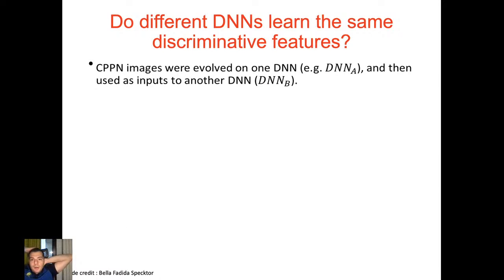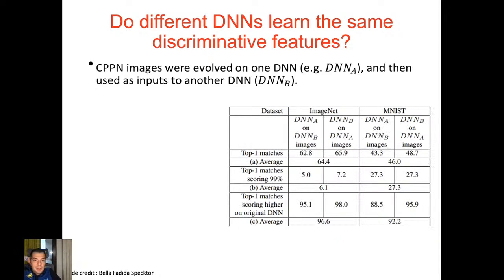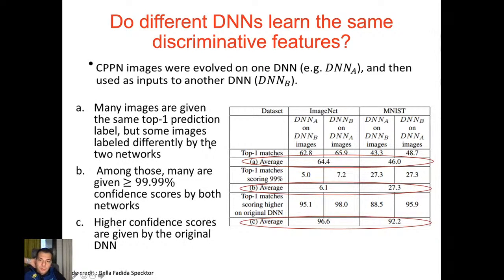Then they also try to address the problem of whether DNNs learn the same discriminative features or not. So they have two DNNs, DNN A and DNN B, and they try to do cross model evaluation. If you look at the top matches, you will find that many images are in the same top one prediction.